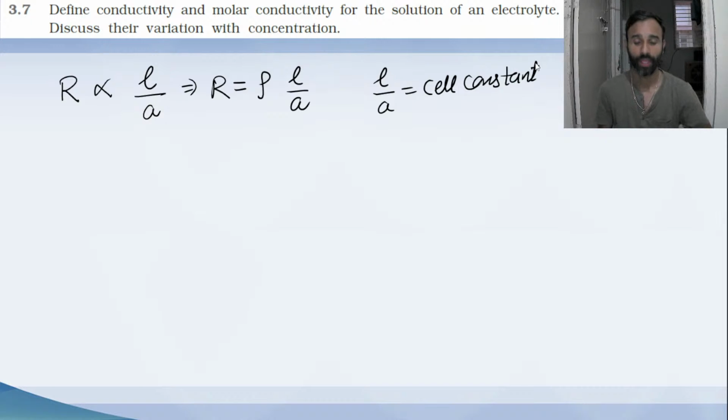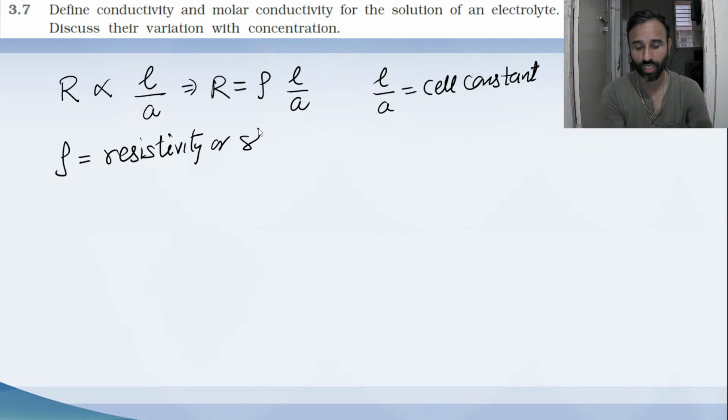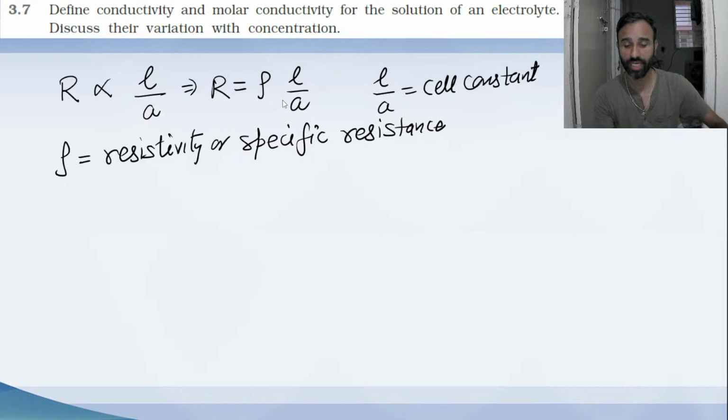Now, this rho is resistivity, or we can say specific resistance, because this is the resistance when length is 1 centimeter and A, the area of cross section, is 1 centimeter square.